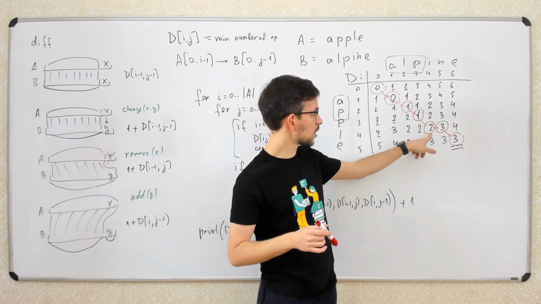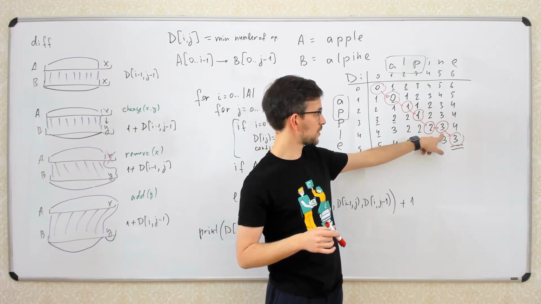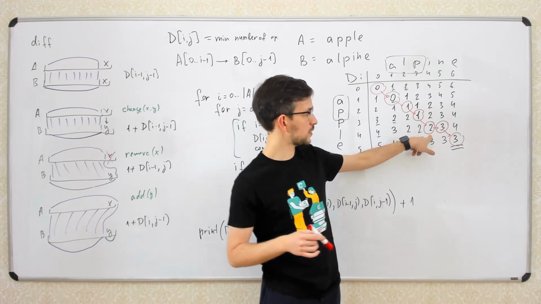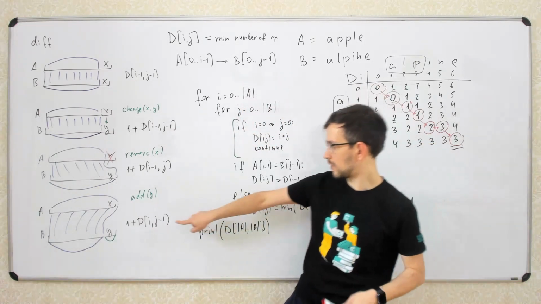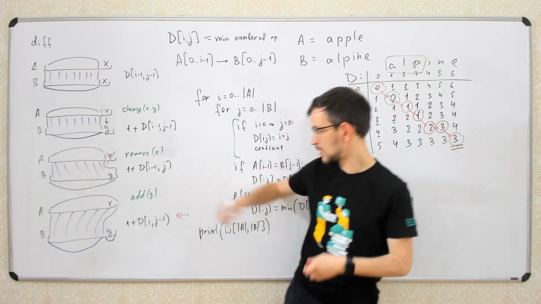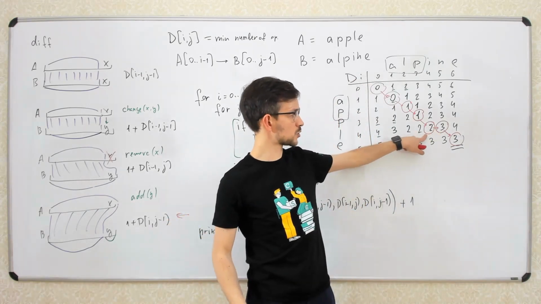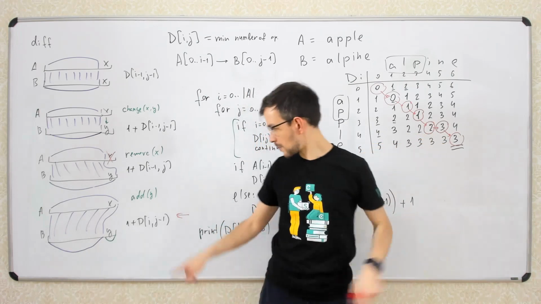What operations? For example, here when we move from these two to these three, we perform operations. This is the case when we go from cell i, j-1, and we need to perform the operation add.